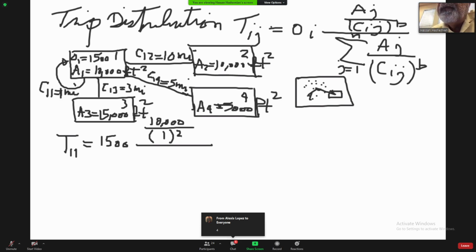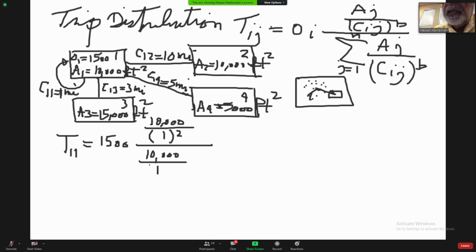So there are 4 of them. That means the first one, J equal to 1, will be A1, which is 10,000 square feet, divided by C11, because you're assuming J equal to 1. So that will be 1, and then squared. So that is the first one.